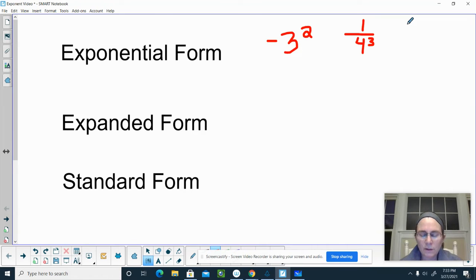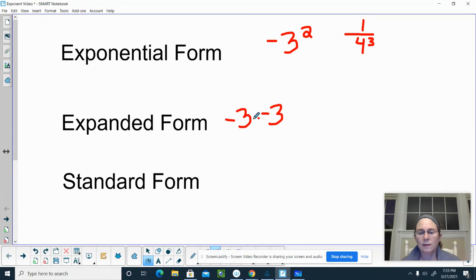Expanded form is when you take the base and you expand it out however many times the exponent says. So I'll use the top two examples from above. If I'm going to do -3 to the second power, that's telling me to take -3 as the base and multiply it by itself 2 times.